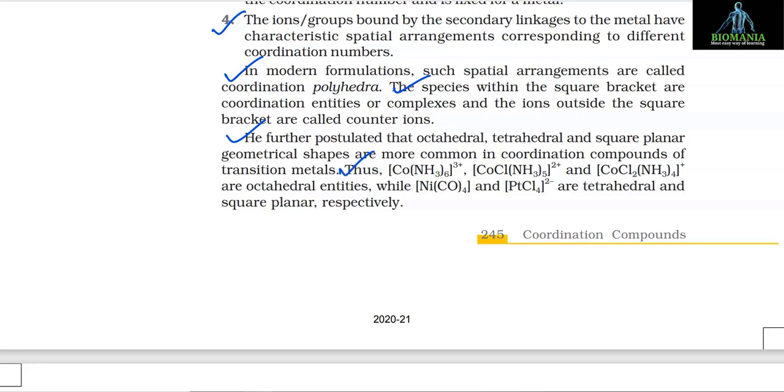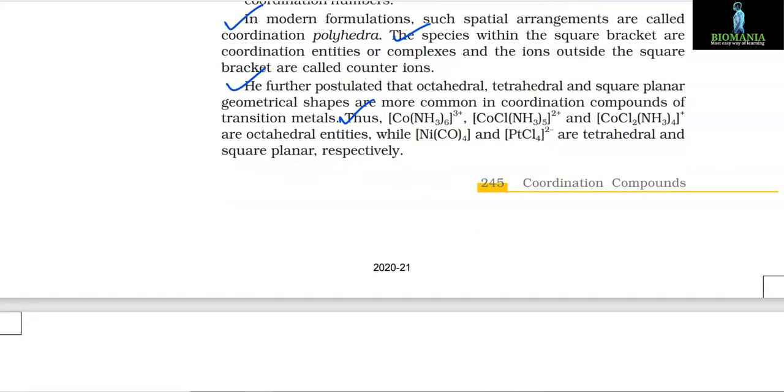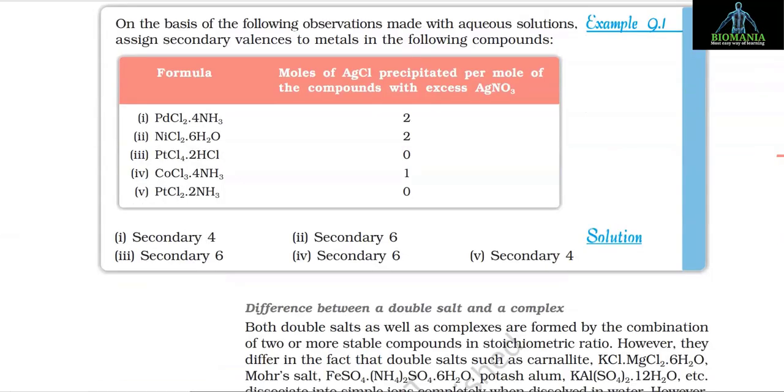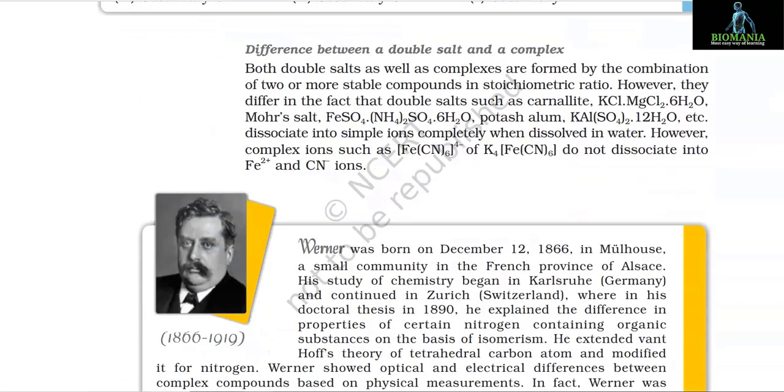[Co(NH3)6]3+, [CoCl(NH3)5]2+ and [CoCl2(NH3)4]+ are octahedral entities, while Ni(CO)4 and [PtCl4]2- are tetrahedral and square planar respectively.